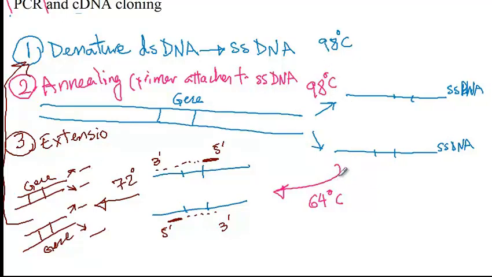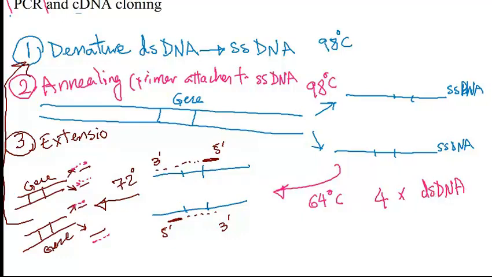Then lower the temperature to 64 degrees C to allow the primer again to bind to them, and then increase the temperature to 72 degrees C in order to add the nucleotides. So now by the second PCR reaction, we have 4 double-stranded DNA. Alright, so through every PCR reaction, the number of DNA that we have will double.